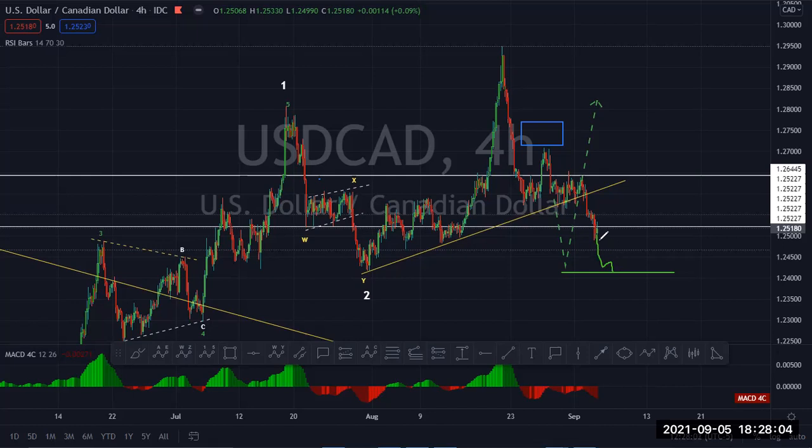But for now, I don't see a reason to buy. So I will be interested in buying when it drops lower to this level. That's when I will talk about buying.